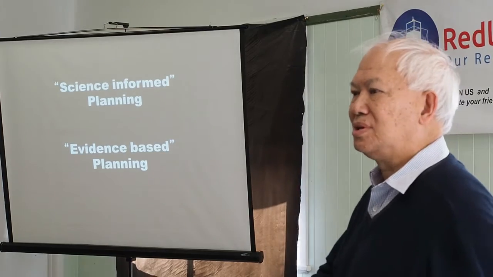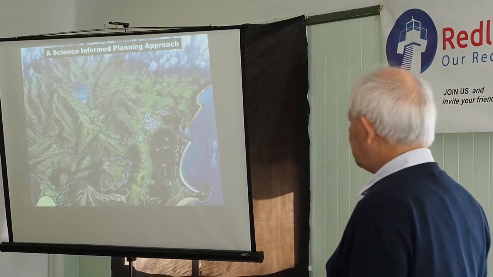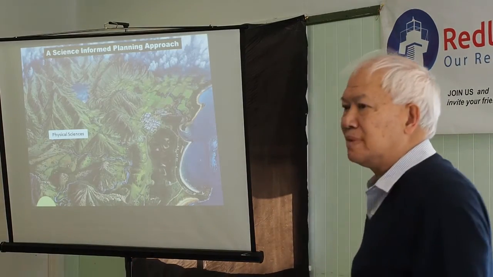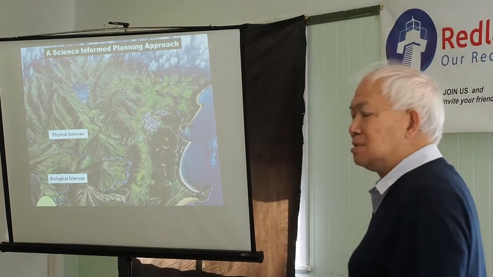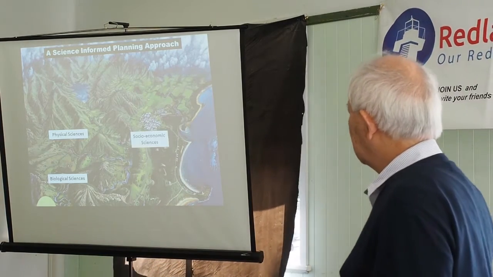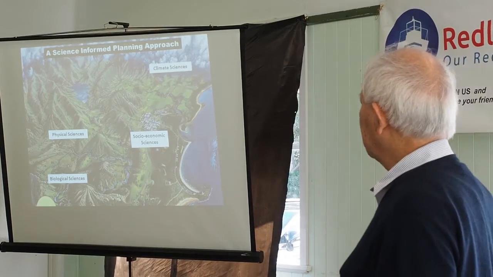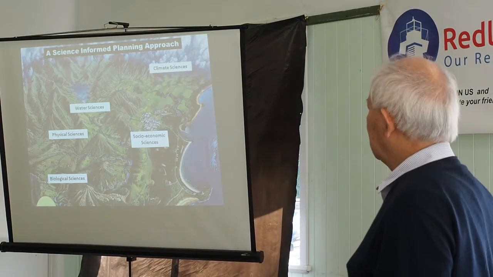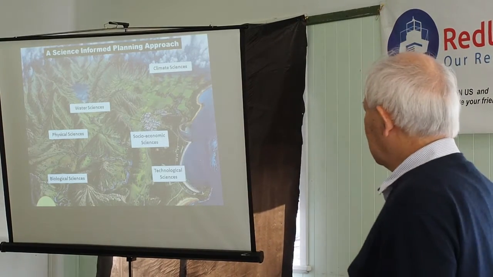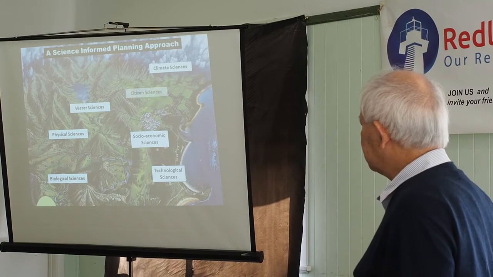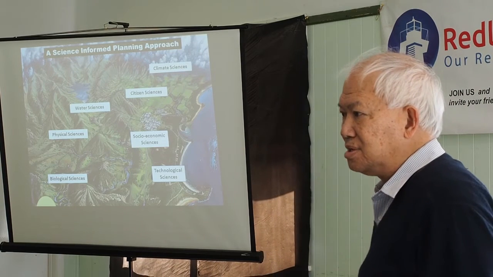On what science has been used to inform that? And the sort of science I'm talking about is physical science, biological science, socioeconomic science, climate science, water science, technological science, citizen science.